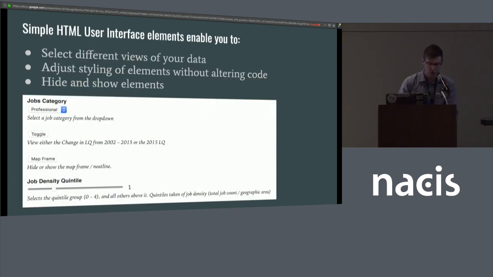For example, you can use a dropdown to select different views of your data. You can use buttons to toggle layers on and off, and sliders to filter or even change the opacity of a color. These things come in really handy when you just want to play around and arbitrarily tweak your code without actually editing the code. And if you use Observable notebooks, this actually becomes a lot easier and it's kind of abstracted for you.